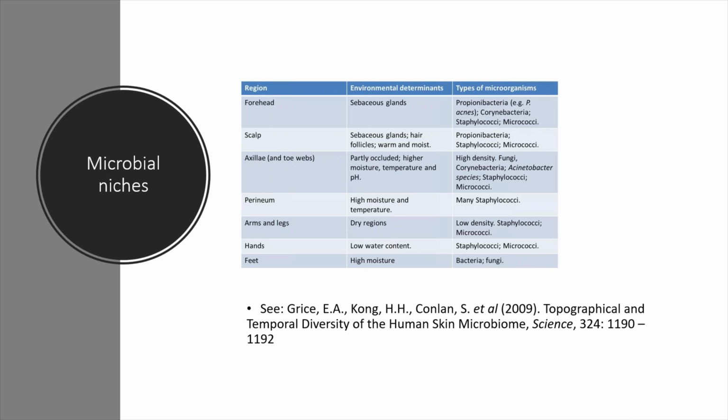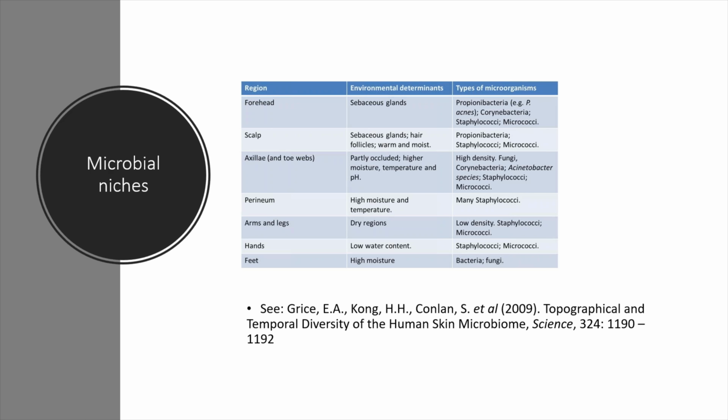So, for example, with the forehead around the sebaceous glands, we're finding high levels of anaerobic bacteria, particularly Propionibacterium, which is associated with the formation of acne, and relatively high levels of Corynebacterium, Staphylococci and Micrococci. Similar organism profiles for the scalp.